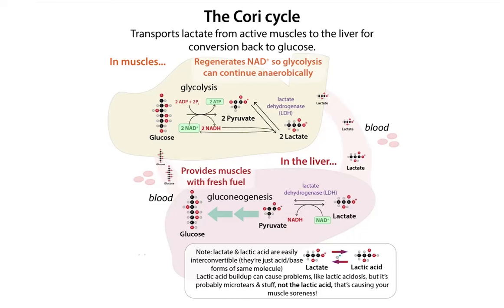Instead of letting the NADH build up, the muscles would go through lactate fermentation. They could use that NADH to reduce pyruvate to lactate, but then they're left with the NAD+, which they can use for glycolysis, but they're also left with the lactate. So they ship the lactate out to the liver, and the liver converts it back to pyruvate, then converts that to glucose and sends that to the muscles.